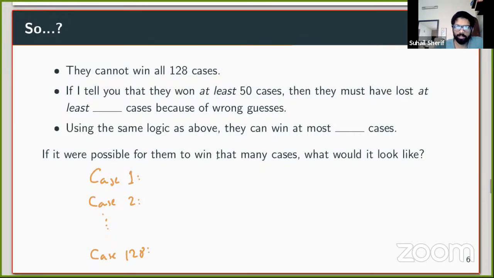So for it to actually be 112 cases, it should look something like this. In most of the cases, you have exactly one correct answer. In fact, up till case 112, you have one correct answer. And from 113 onwards, every case has 7 wrong answers.